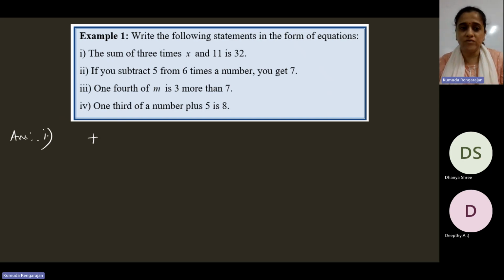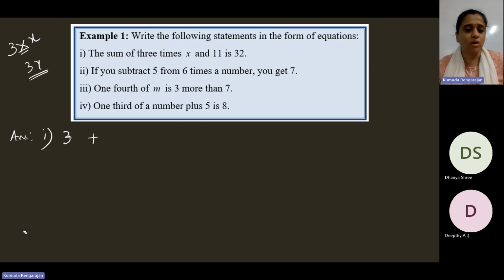The sum of what? 3 times x. 3 times meaning multiplication of x is x. So 3x. Do we understand that 3x is 3 into x? Is it new? 3x is 3 into x, and into means times. 3 times x.